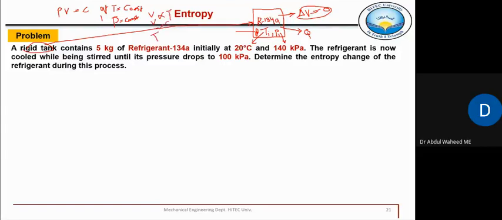In Boyle's law, temperature is constant; in Charles' law, pressure is constant. But in this case, volume is constant. So when the temperature drops, pressure will also drop. Here pressure is directly proportional to temperature.